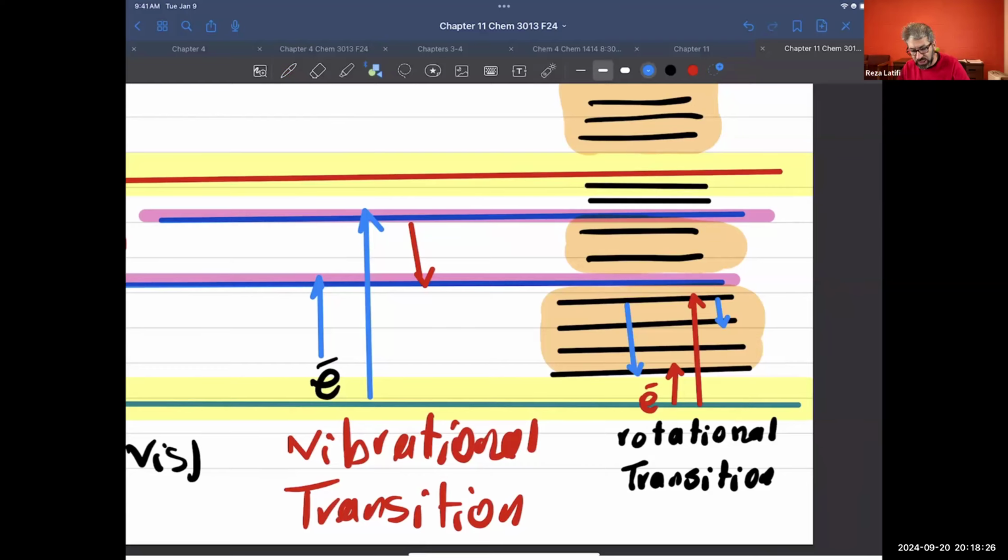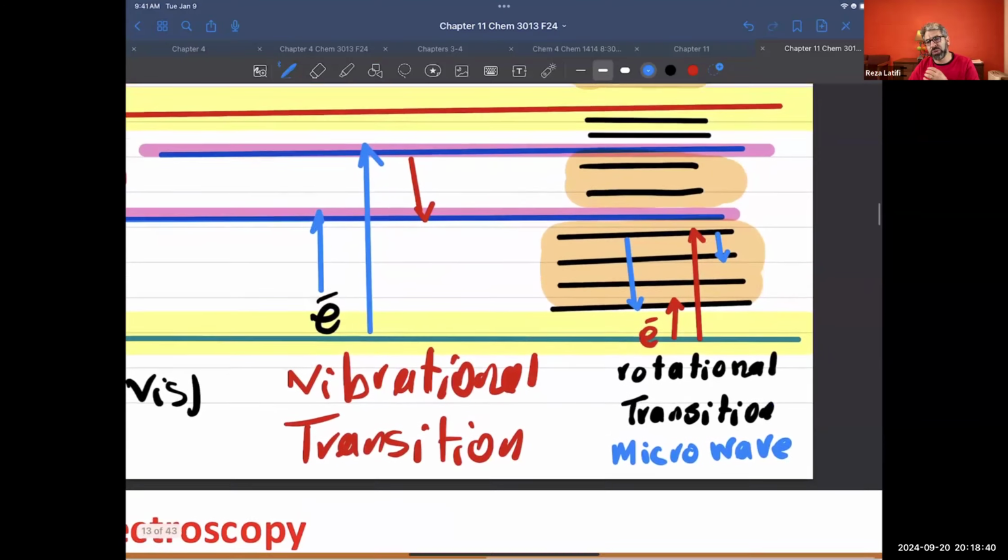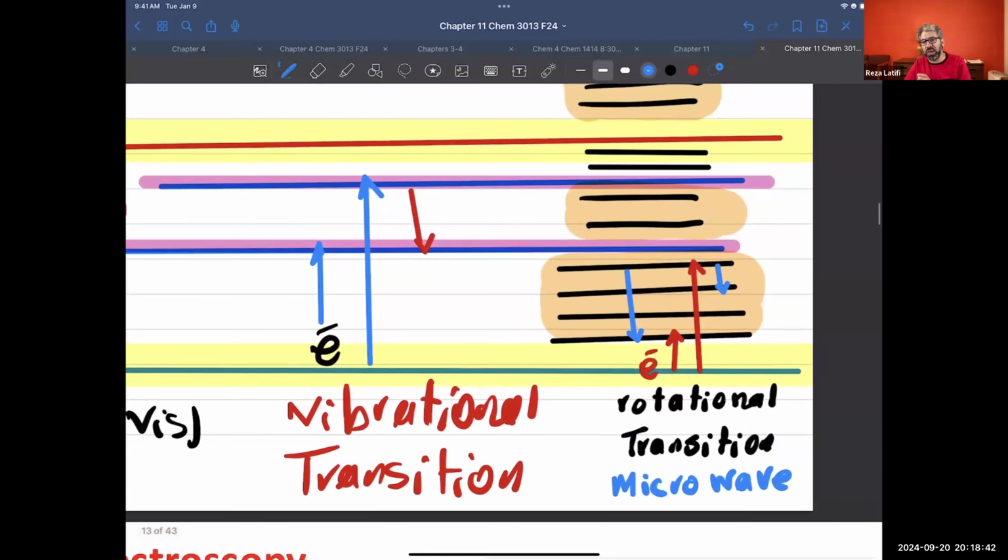But that wavelength is going to be in the microwave range. So we use microwaves to go after rotational transitions. But if we want to talk about a vibrational transition, the wavelength that you need to use will be infrared. And the previous ones were UV-Vis.